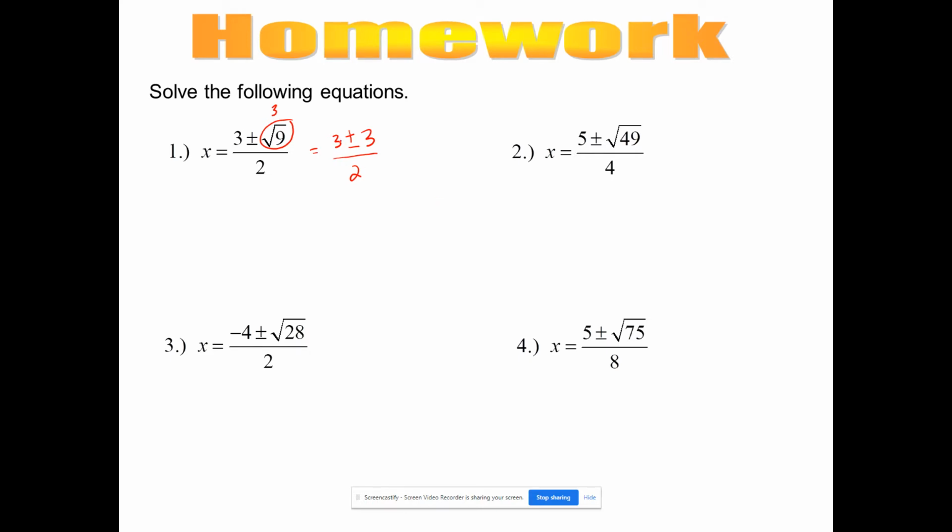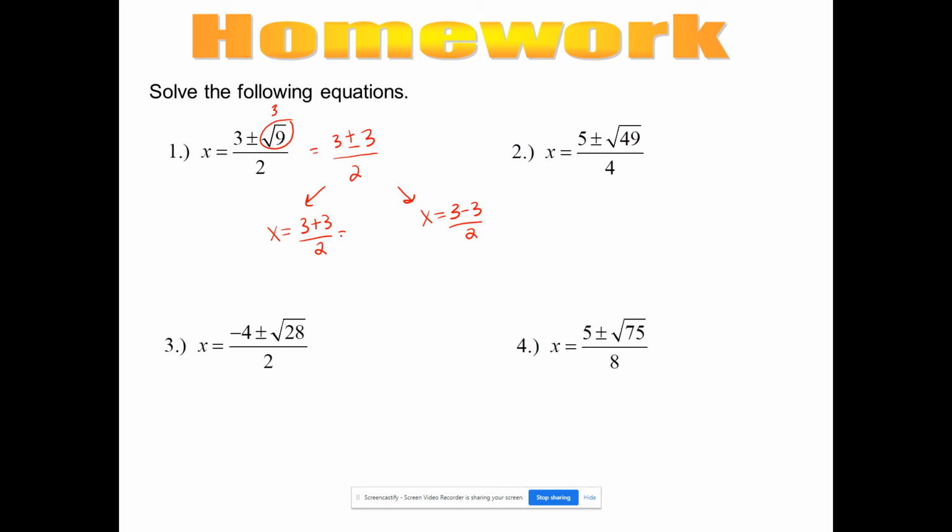Okay, and this plus or minus means there's 2 different equations in here. So basically I have x equals 3 plus 3 over 2, and I also have x equals 3 minus 3 over 2.